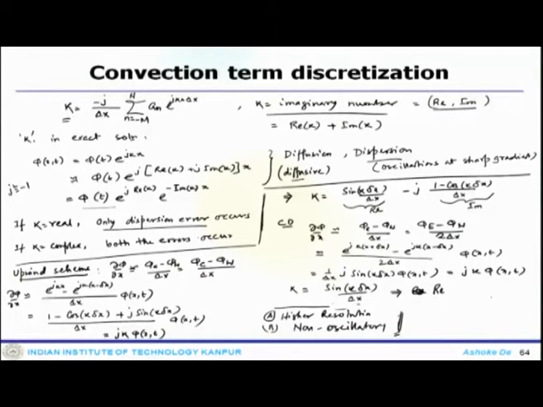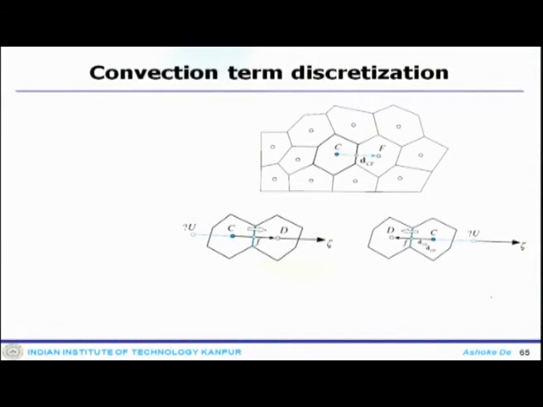Now, just to conclude these things, one more discussion we need to do is higher order scheme on unstructured grid. How would that look? If you see this particular stencil, this is an unstructured grid.